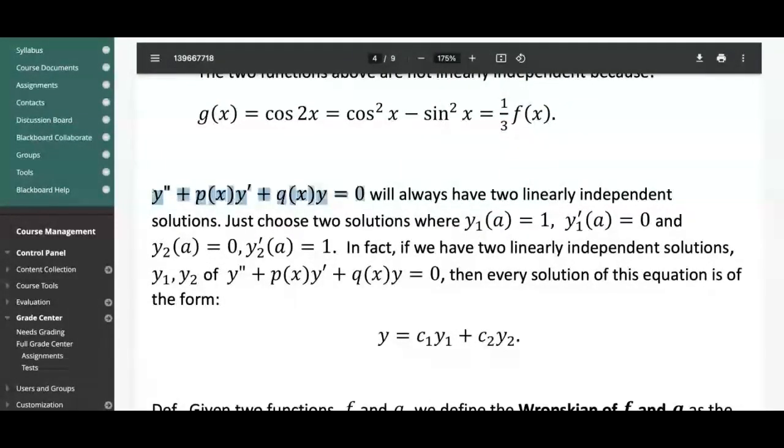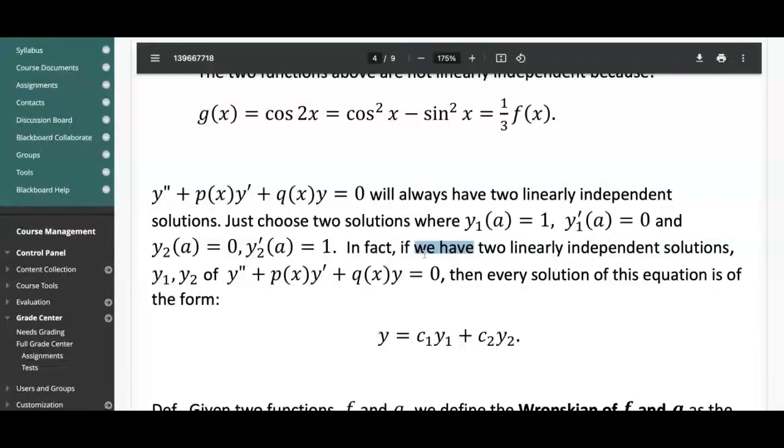So the second order homogeneous equations will always have two linearly independent solutions. Just choose two solutions: y1 of a equals 1, y1 prime of a equals 0, and then y2 of a equals 0, y2 prime of a equals 1.